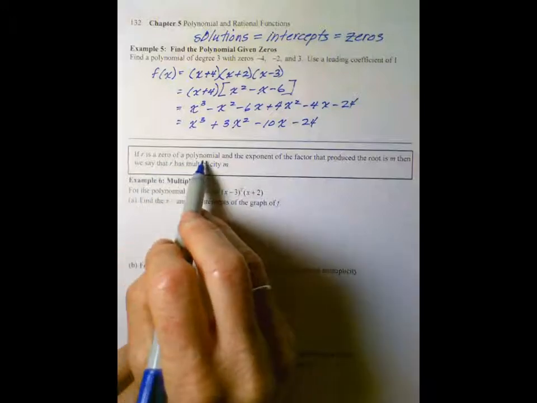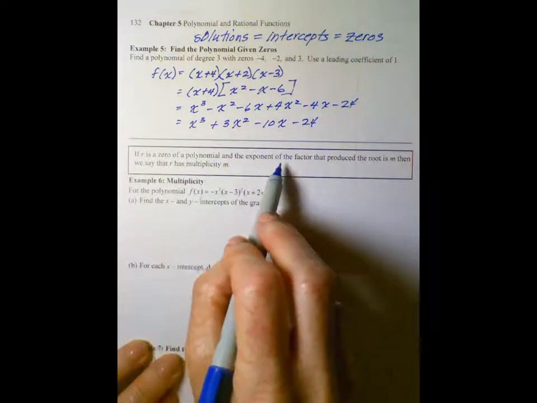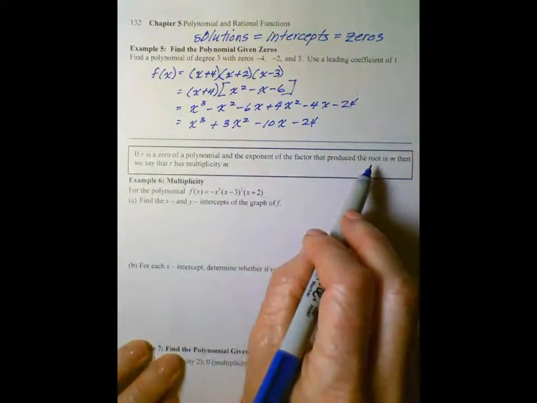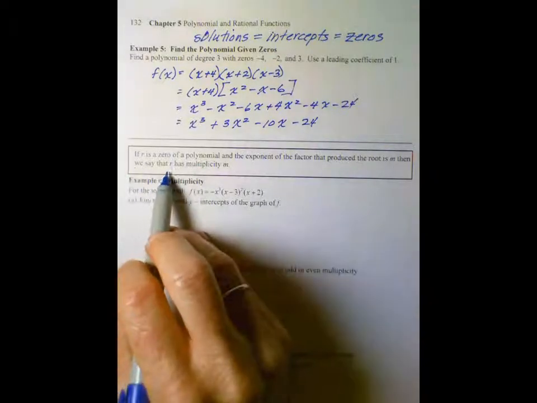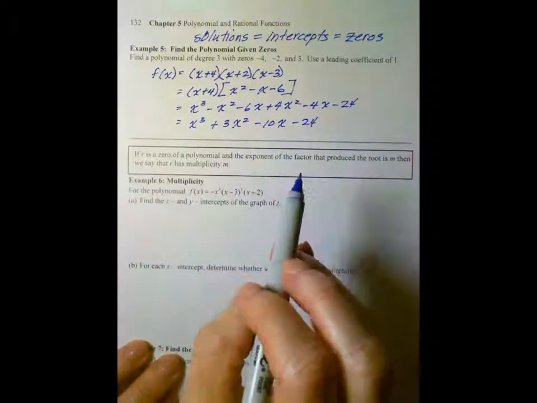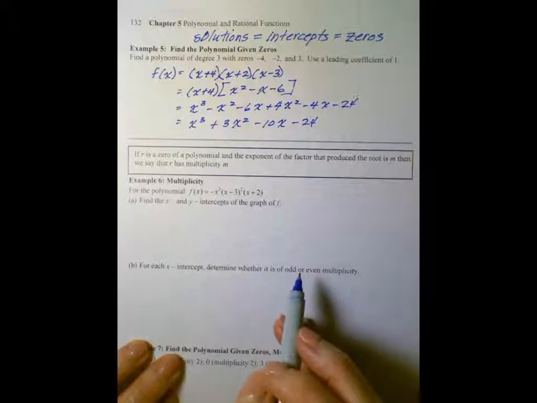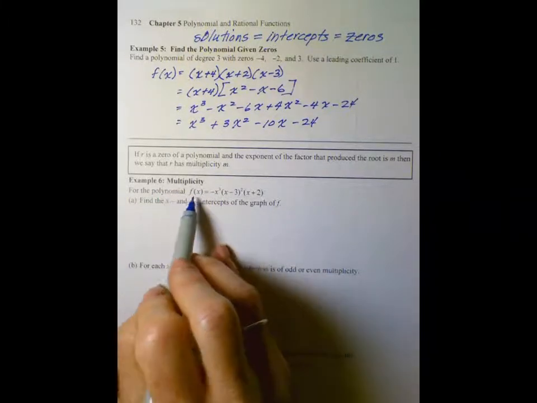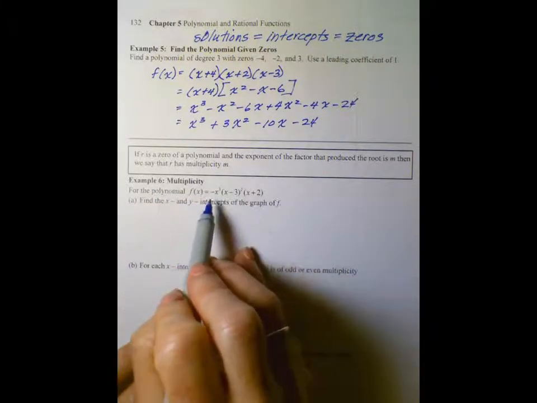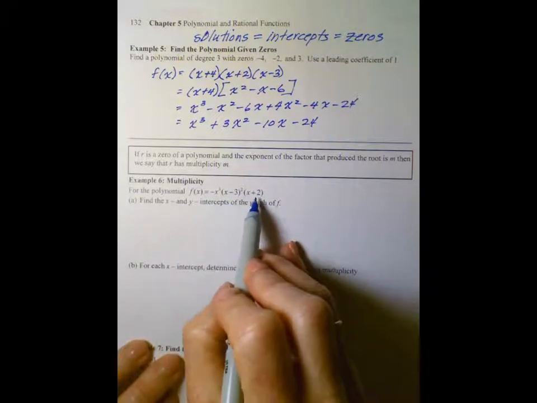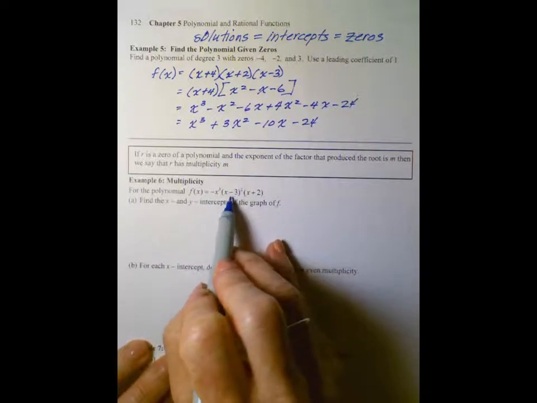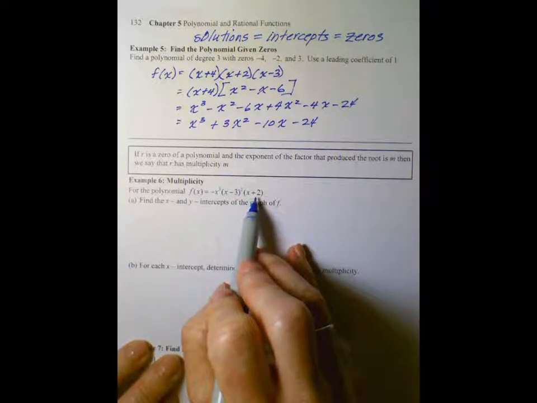If r is a zero of a polynomial, and the exponent of the factor that produced the root is m, then we say that r has a multiplicity of m. So let's see what we mean by that. If r is a zero, in this case, do you see what the zeros are? Well, maybe these two are a little easier to see at first. The zero here would be 3, right? And here, -2.